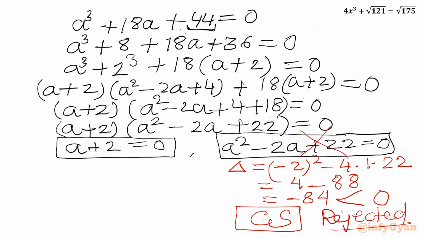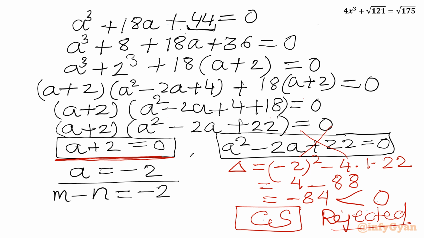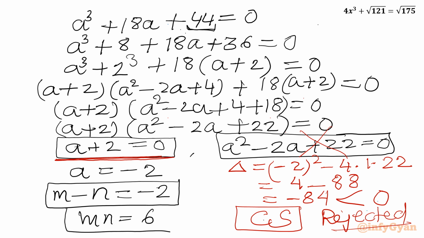Equation is rejected. So which equation or solution are we going to consider? It is from a plus 2 equal to 0, if possible. So I can write here a is equal to negative 2, and a was our substitution, m minus n equal to negative 2, and mn was 6. Let us use this and solve for the value of m.